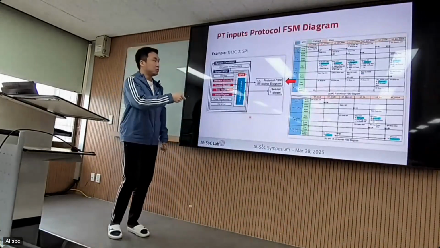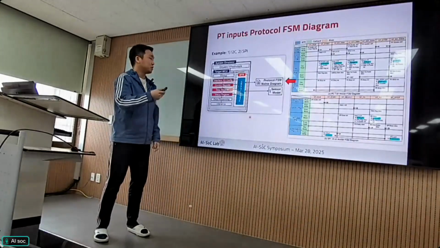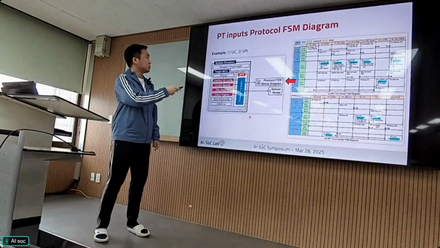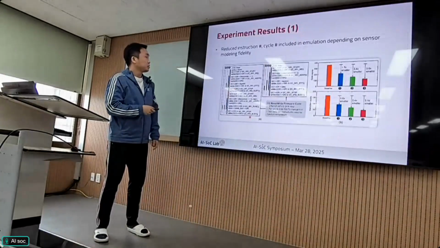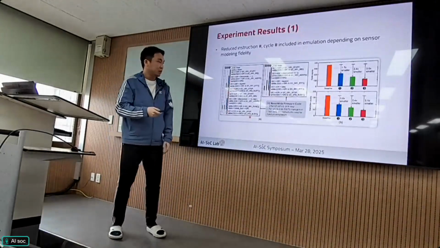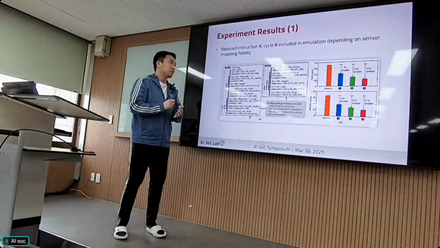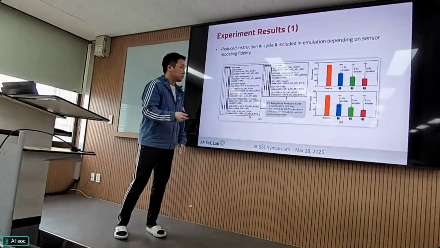This is an example of an FSM state machine diagram which is used as input for the protocol translator. This case shows two interfaces, I2C and SPI. The result shows this sensor modeling approach can decrease the unwanted emulation code.